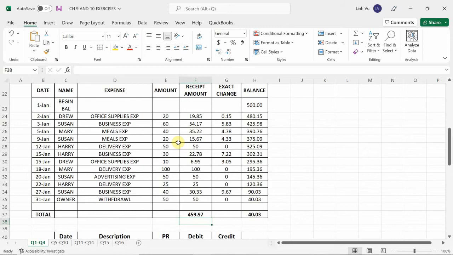Your thought process is correct. But how do I journalize this $459.97? We already know we're going to write a check for it, but where does that $459 come from? Petty cash.